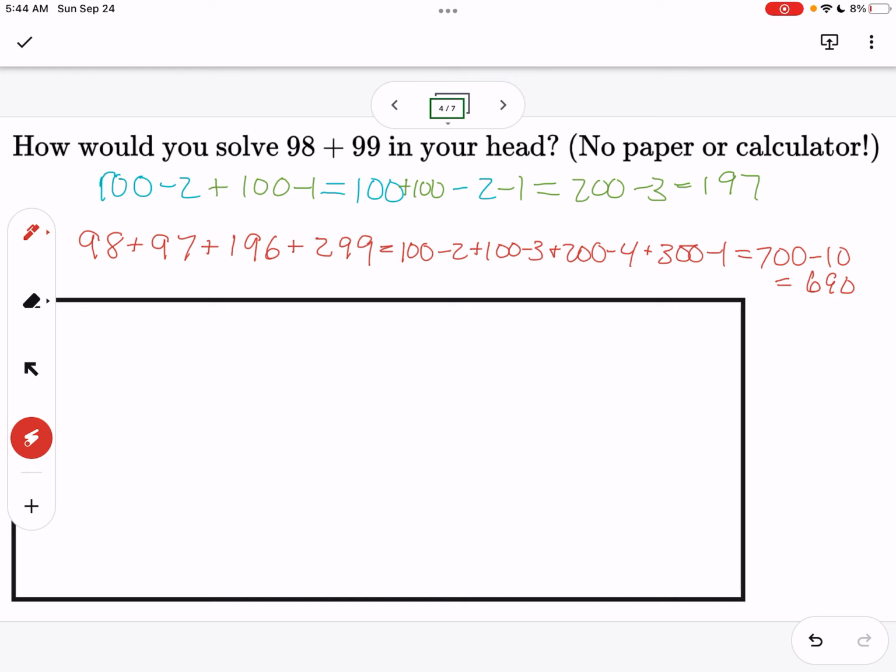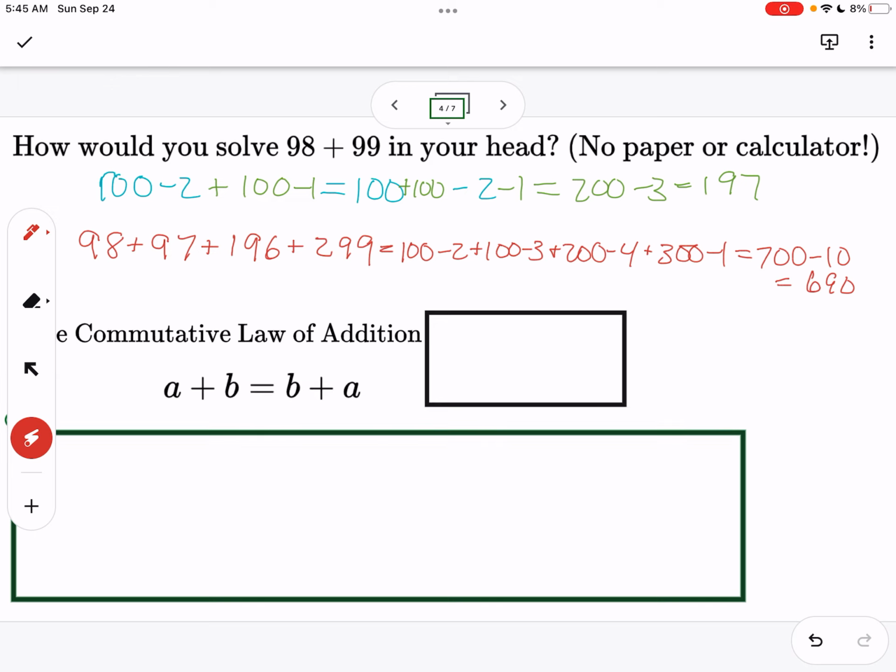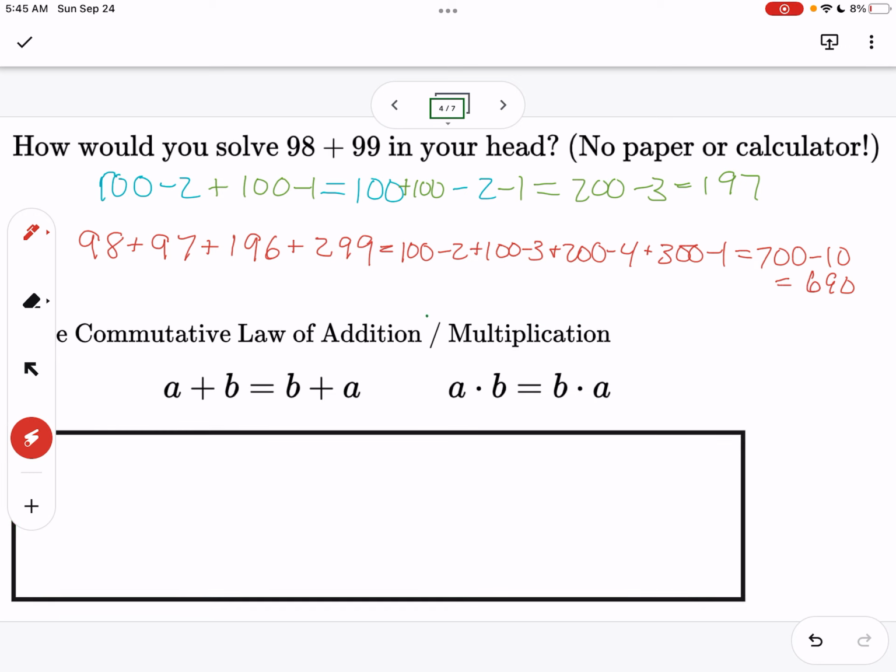So this is called the commutative law of addition. And that basically means that I can switch the order of addition. I can add A plus B, or I can add B plus A. So addition is commutative, so is multiplication.